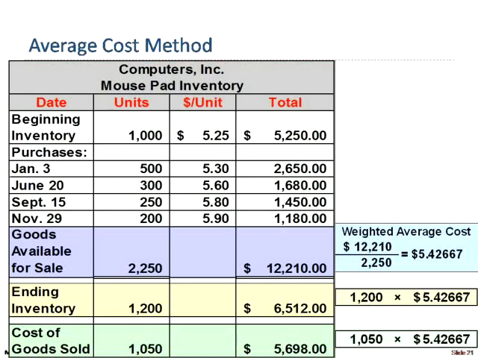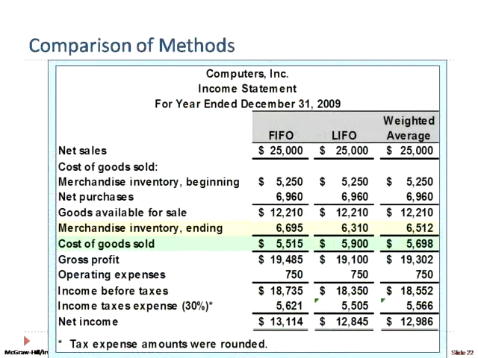We can also compute the cost of goods sold by multiplying 1,050 units times the average cost per unit of $5.42667. The cost of goods sold is $5,698. This slide presents a comparison of the impact on the income statement of using the different inventory costing methods.